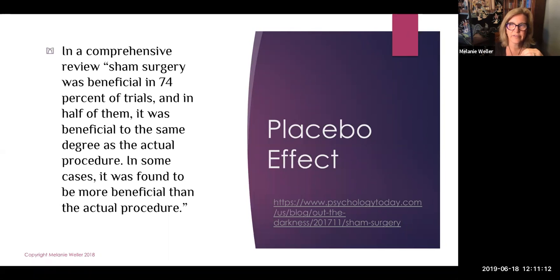So your belief, the amount of power that you give the intervention, is directly related to your outcome. If you really believe that this is going to heal you, then you get really great results. It really is a big testament to the body's ability to heal itself, and also I'm sure some of the underlying psychosocial factors as well.